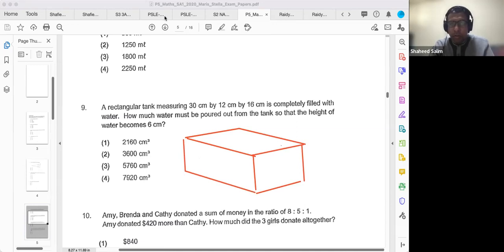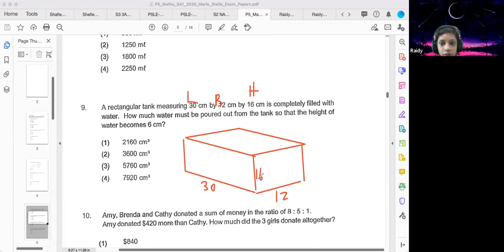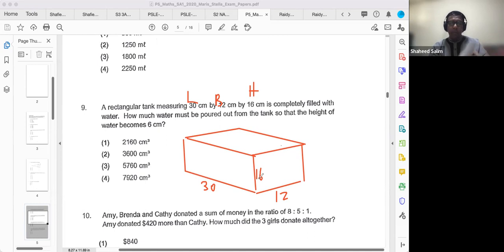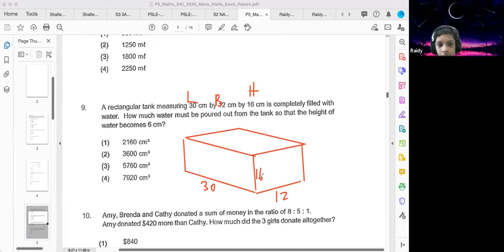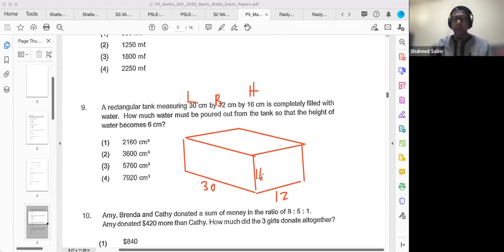So this, normally they'll give you the length, breadth, height. So 30, 12, 16. Number 9. Yes, so explain to me how you do it.